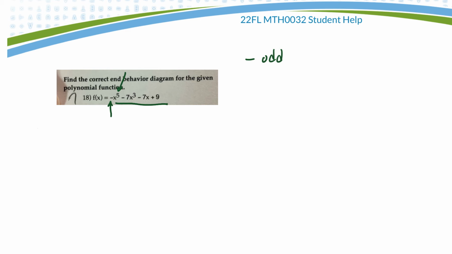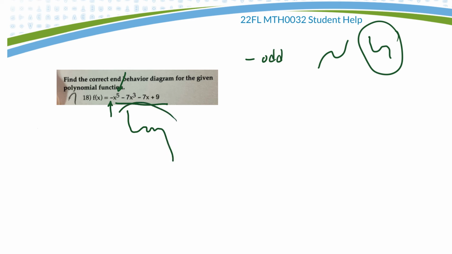And the ones that are odd either start low and end high, or they start high and end low. The negative odd ones are these ones. They start high and end low. So when they say find the correct end behavior for the diagram, that's all they're looking for, is start high and it does something and it ends low. So if you have a picture that looks like that or that, that works.